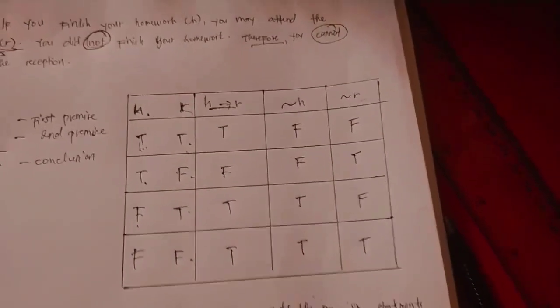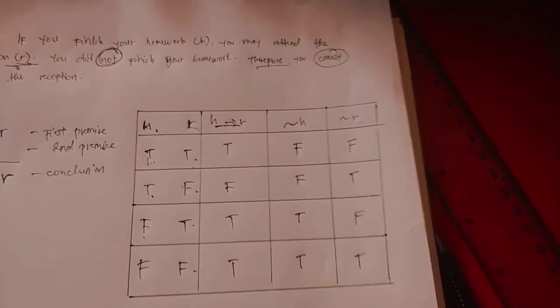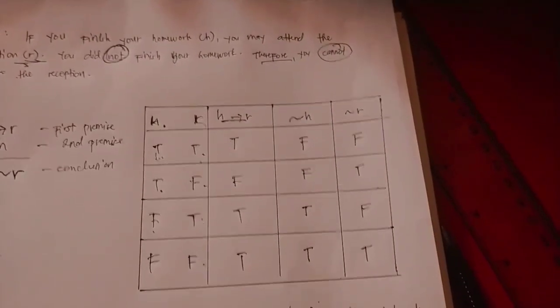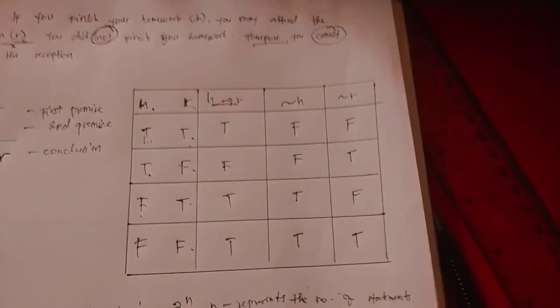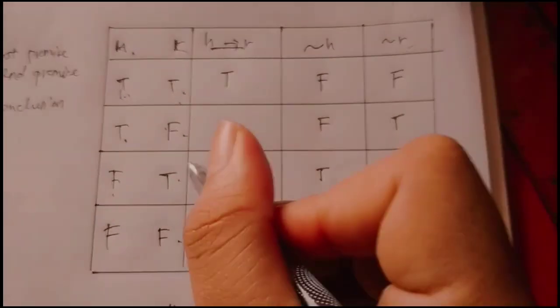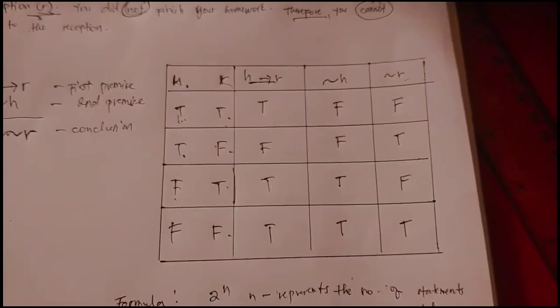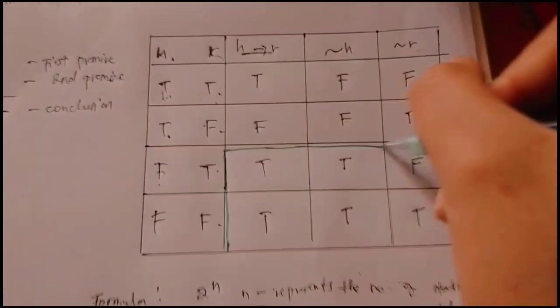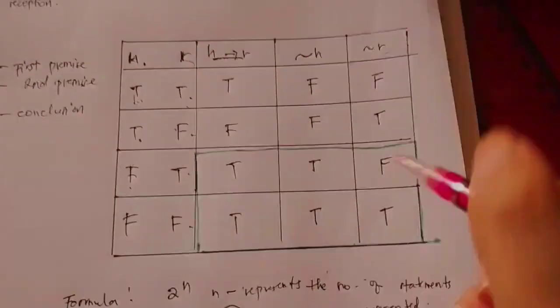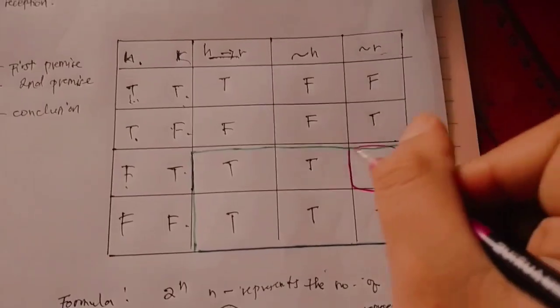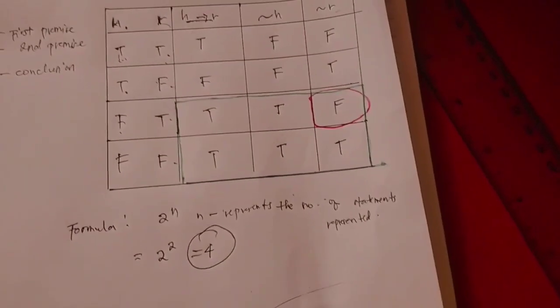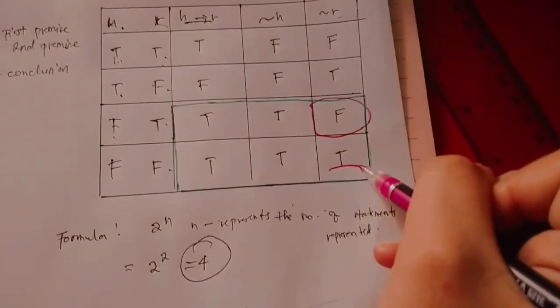So try to observe the truth table. In argument statements, validity is determined by considering the premises. So find which rows have true values for both premises. Here, they can be found in the 3rd and 4th rows. The conclusion in the 3rd row is false, and in the 4th row it is true.